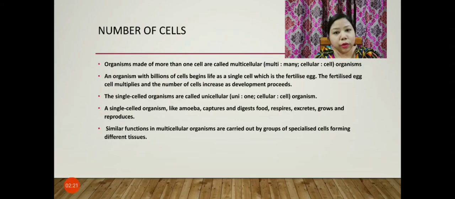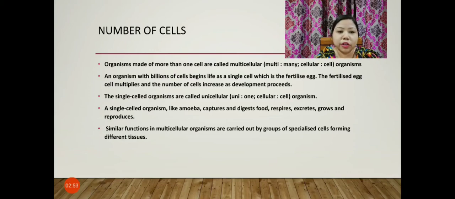But even though they have fewer cells, the number of cells does not affect the functioning of the organism. A single-celled organism like amoeba can capture and digest food, respire, excrete, grow and reproduce with the help of that single cell. So amoeba is an organism which has only one cell. It is a single-celled organism.